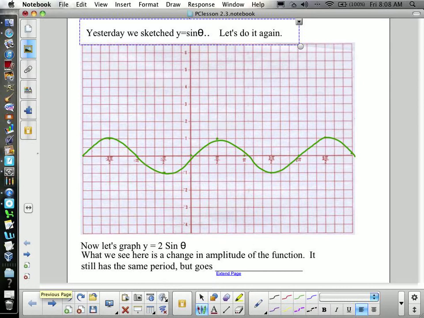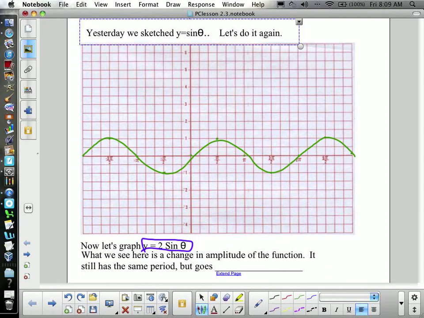What if I did y equals 2 sine x? What that's going to do by multiplying the 2 in front is we're going to just multiply the y value by 2, whatever we get. So 2 times 0 is 0. I'm not going to multiply all my values because I know the general shape. I just need to multiply the ones that are critical, the zeros and the ones.